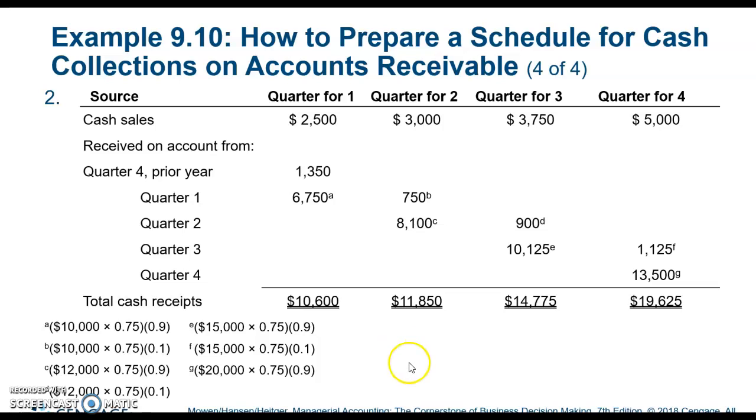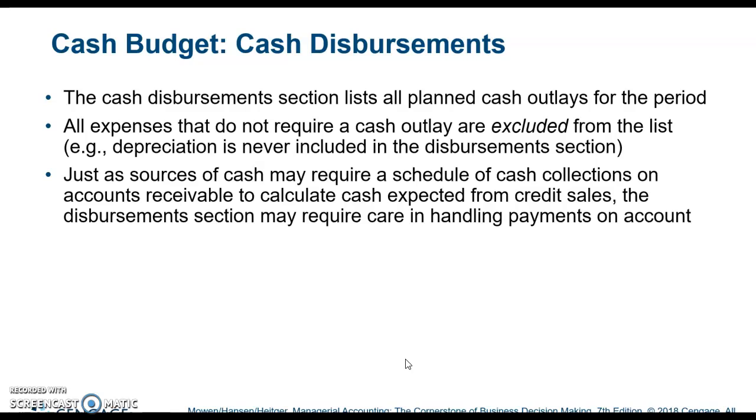Now we can continue on to cash disbursements. Okay, these are the cash that we're going to pay out as opposed to the cash that we received. Any expenses that don't require cash, something like depreciation, we debit depreciation expense, we credit accumulated depreciation.